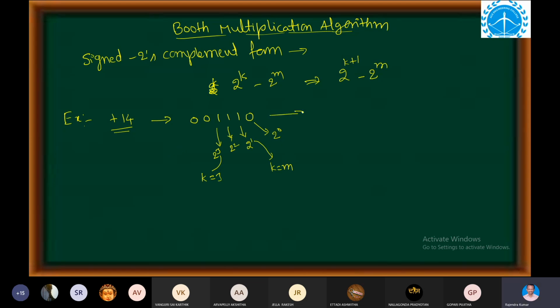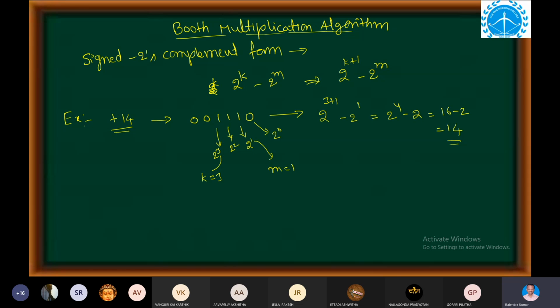Now, this can be represented like this. 2 power k is 3, so 3 plus 1 minus, sorry, m is equal to 1. So 2 power 4 minus 2. How much is it? 16 minus 2, so 14. Any binary number can be represented like this.